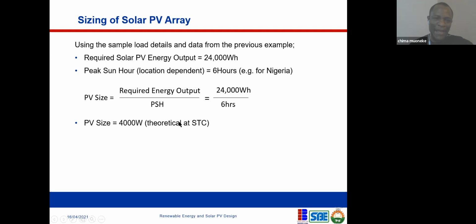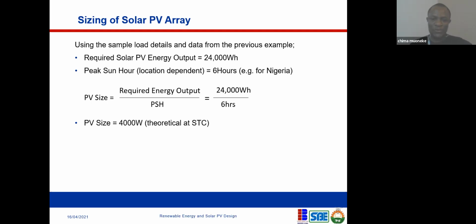So if you go and buy a solar panel of 4,000 watts, there is no guarantee that you get 4,000 watts, because the rating is at standard test condition, and the condition you're deploying those solar PV in is not at the standard test condition. It could be a condition that is less than the standard test condition, and therefore you should expect a lesser performance.